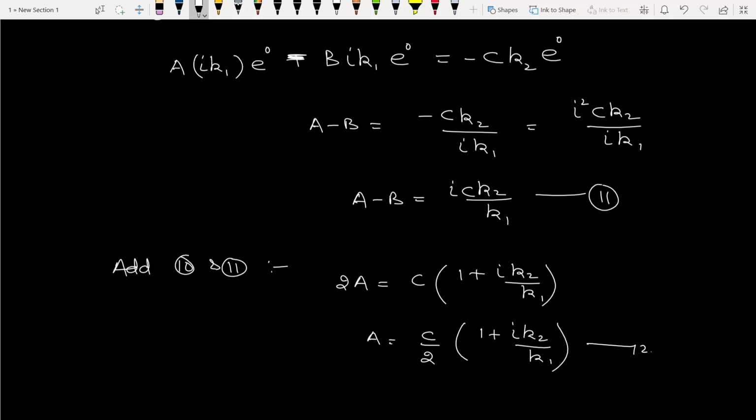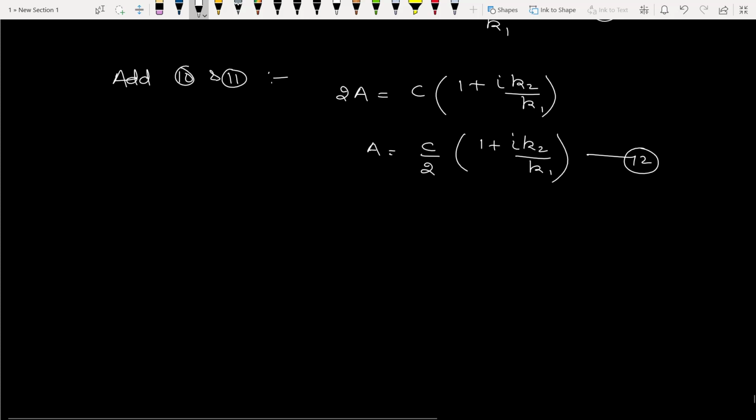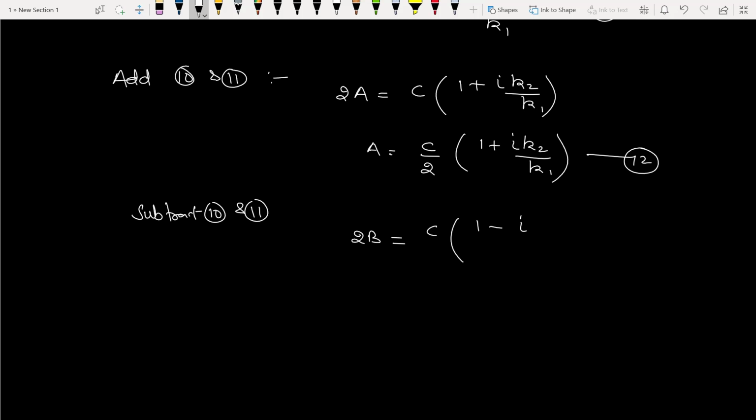So we mark this as equation number 12. Then we subtract 10 and 11. So we get 2b is equal to c, 1 minus iota k2 upon k1. So b is equal to c by 2, 1 minus iota k2 upon k1. So we mark this as equation number 13.